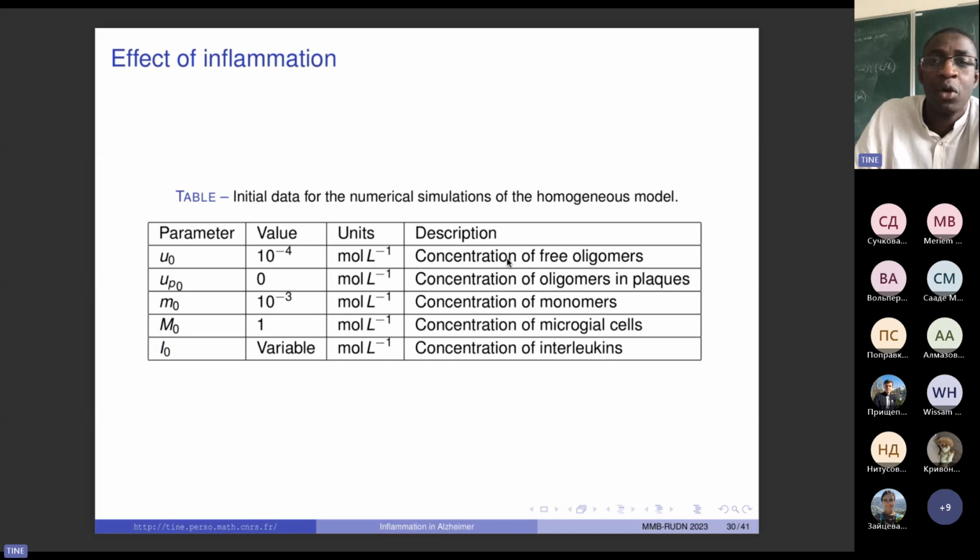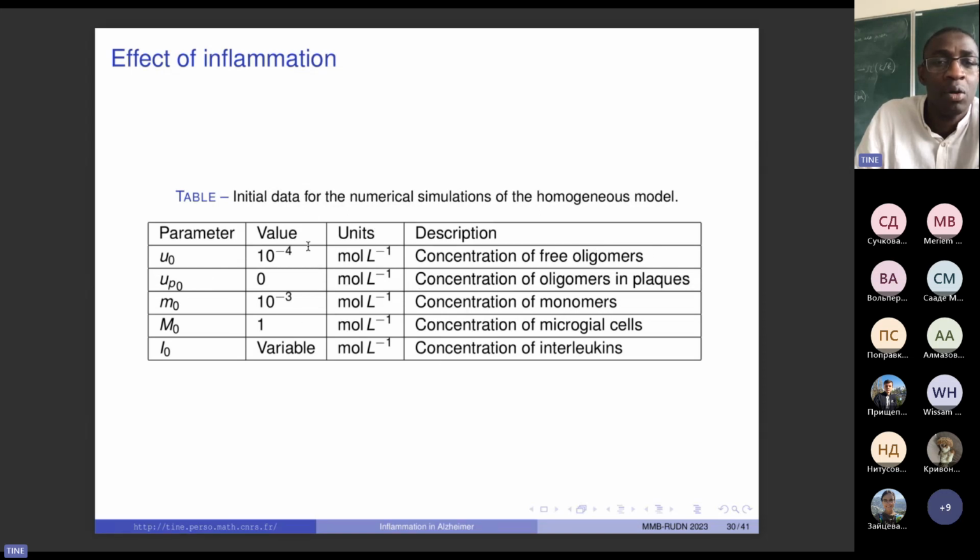So, of course, for the inflammation, when we take initial data for the numerical simulation of the homogeneous model, we take U0 as the initial concentration of oligomer.